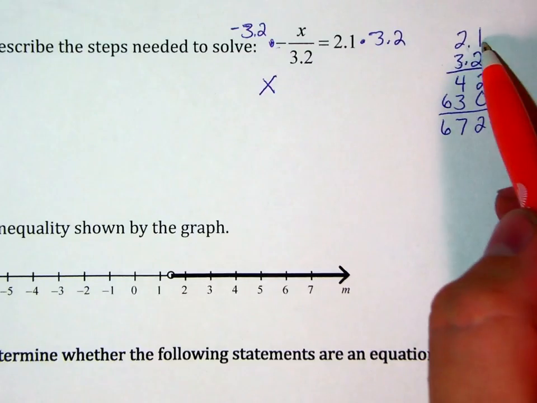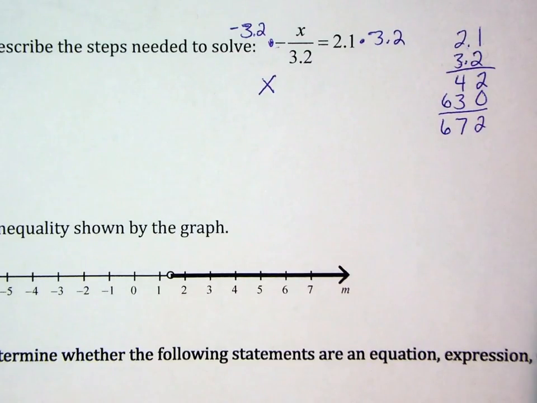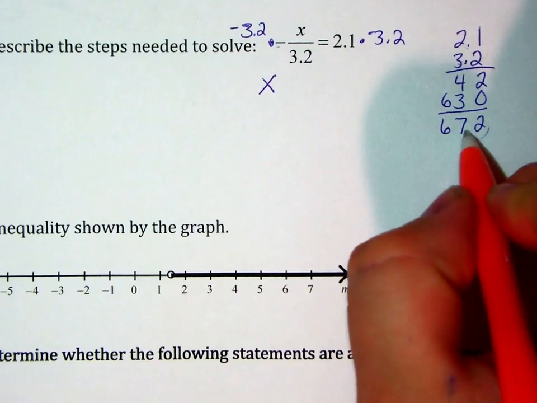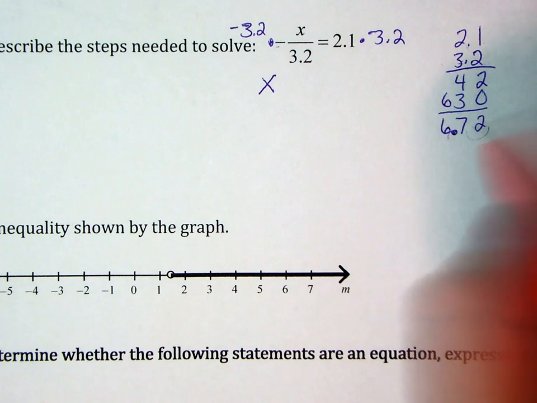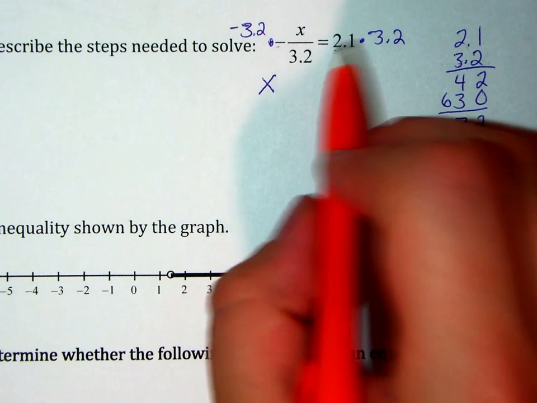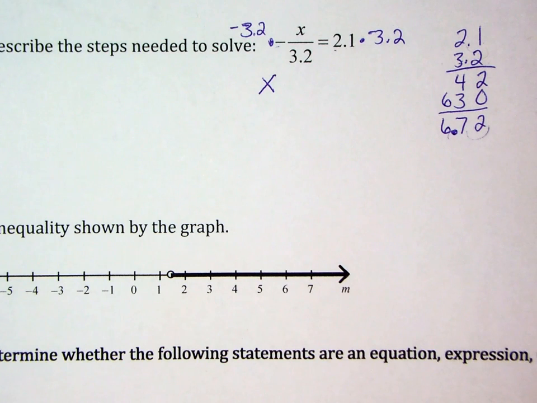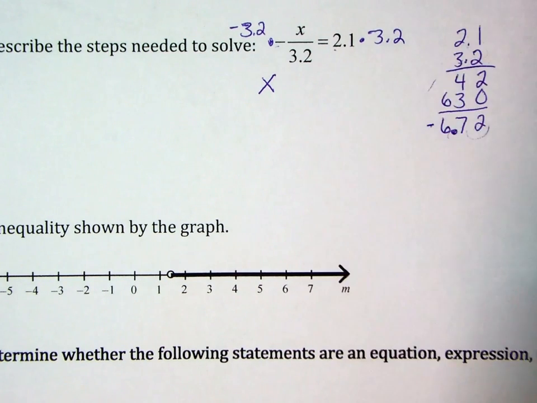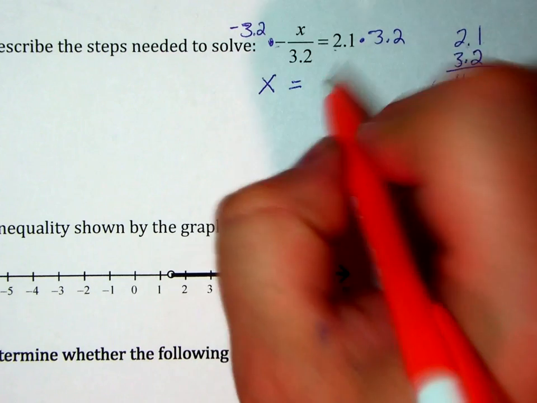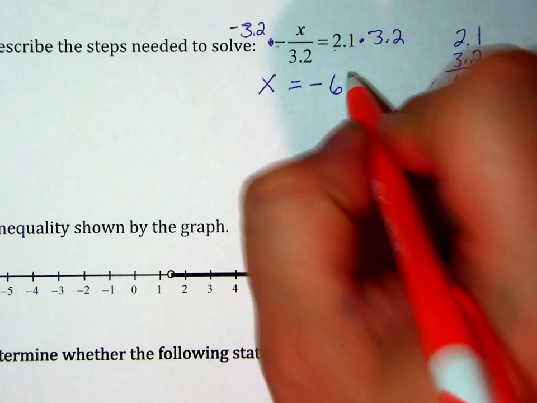My original problem had 2 decimal places between the two numbers I'm multiplying together, so I move over 2 decimal places. My solution is 6.72. I multiplied a positive and a negative term together, so my solution should be negative. So x equals negative 6.72.